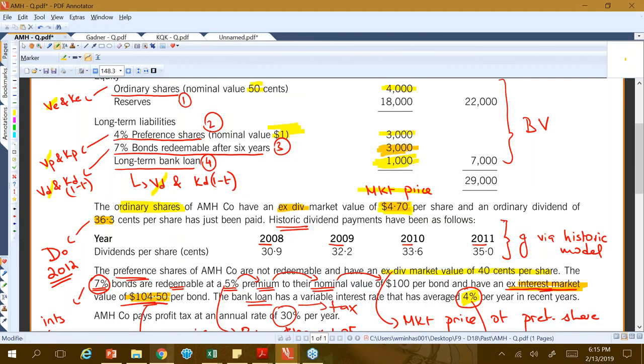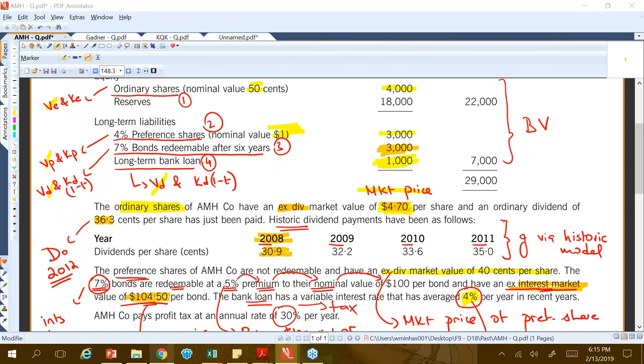If 2012 is 36.3, the 2008 dividend, the first point of the dividends, was 30.9. So I'll take this as DN, 30.9, to the power of 1 by n.